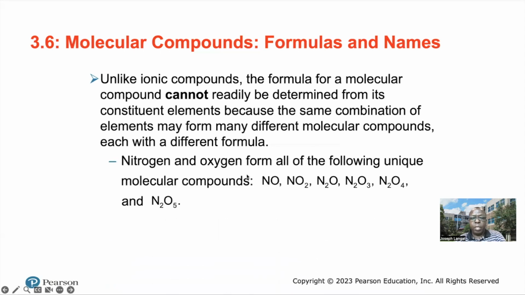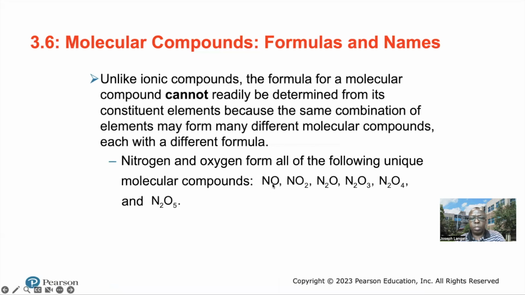Here are just a few examples of molecular compounds. You cannot readily determine their constituent elements because the same combination of elements may form many different compounds, like nitrogen and oxygen.